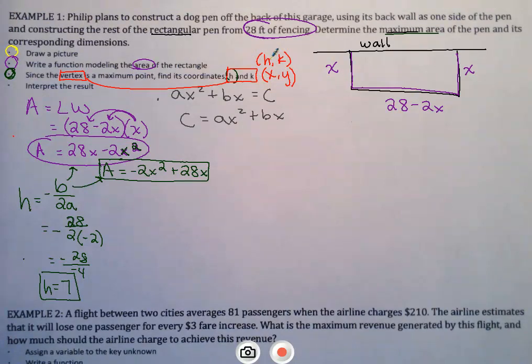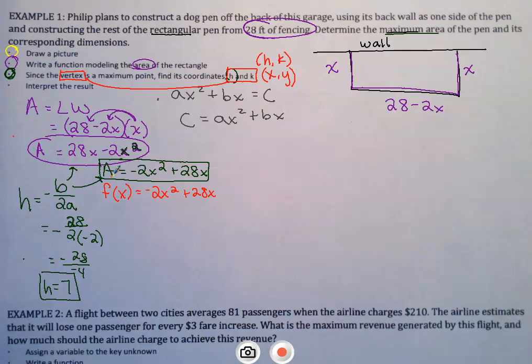Because we have function notation, instead of just writing it as A, the area, we could say the function of x equals -2x squared plus 28x. So it doesn't matter if I'm using the letter A for area or the letter f of x. What do those represent in an ordered pair? The y.